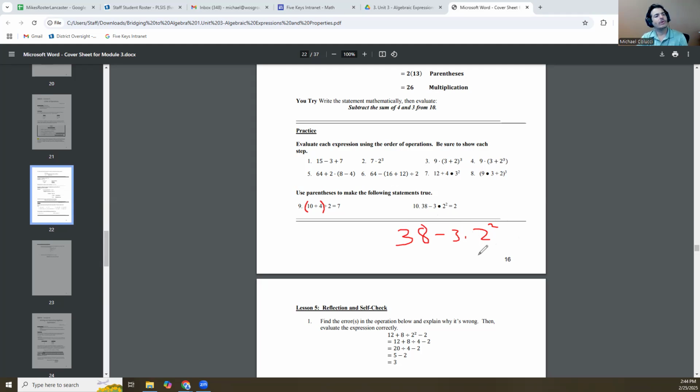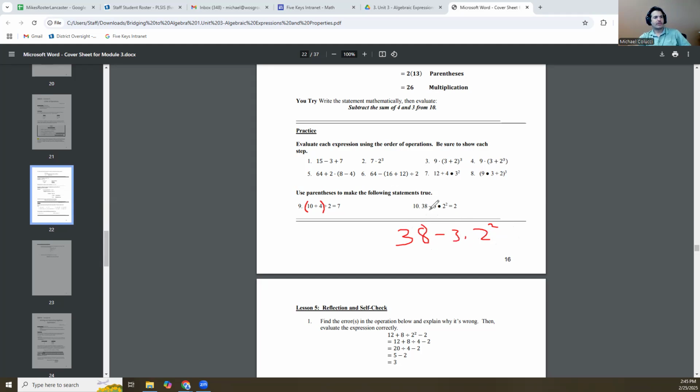Oh, okay. So I almost want to leave this to you. Where would the parentheses go? If I do the exponent first, which is what it would be if there were no parentheses, I would have 4 times 3 is 12. 12 off of 38 is 26.